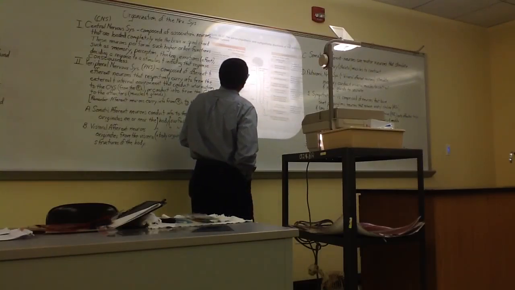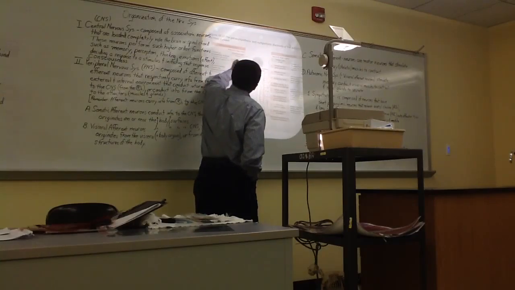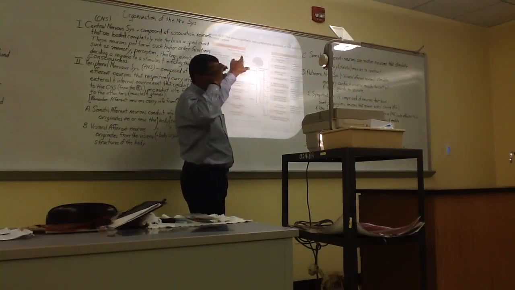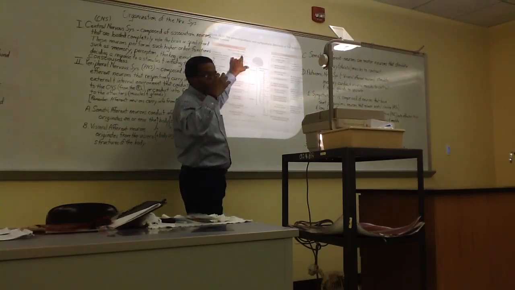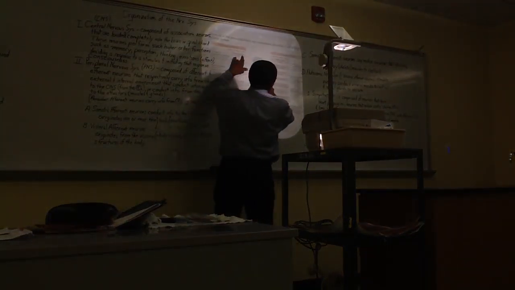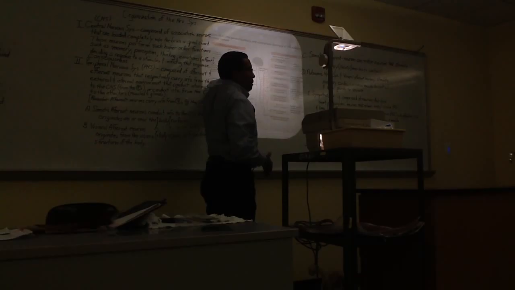For example, you got a parasympathetic nerve that will work on the pupils of the eye. The pupil is the opening that light goes through, in the very middle of the eye. But you also got a sympathetic neuron that works on the pupils, the muscles that will constrict or whatever.